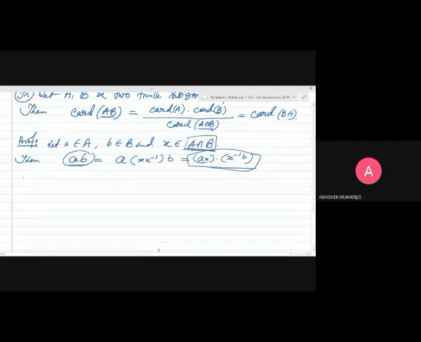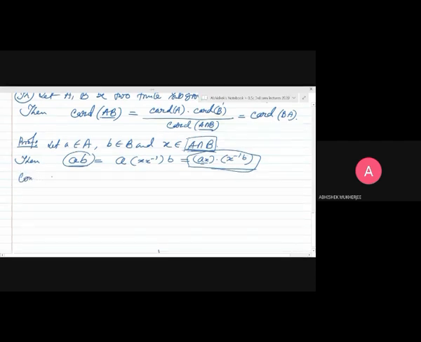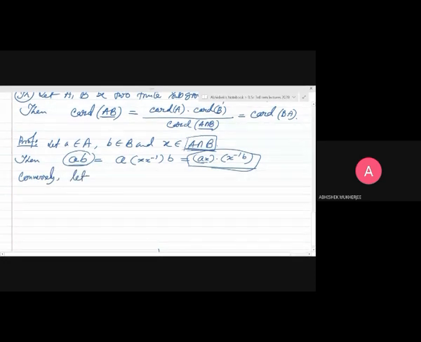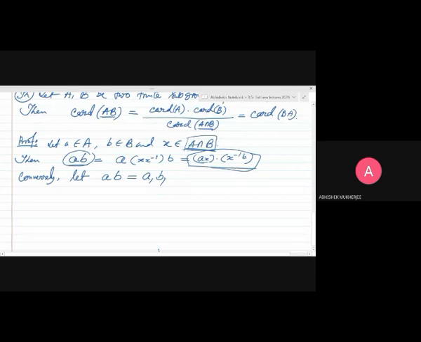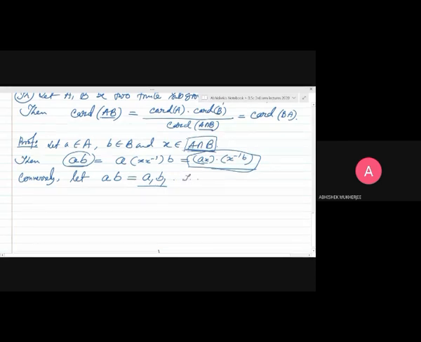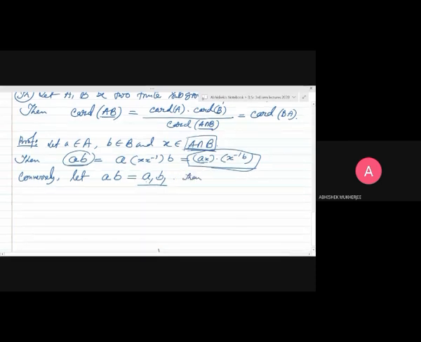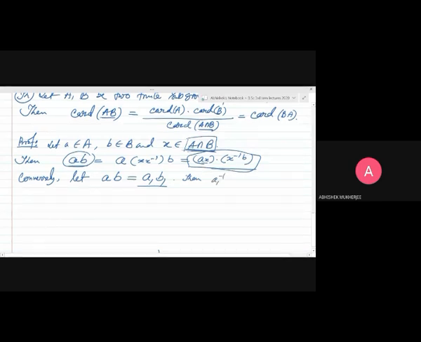Suppose conversely, you are representing ab as another representation in terms of an element of A and an element of B. Suppose ab can be represented in another way as a1 b1. Then using this representation you can have a1 inverse a equals b1 b inverse, right?